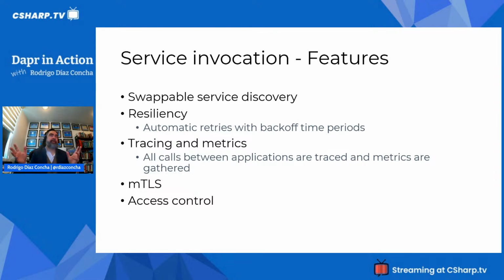You can configure your tracing target, meaning you can use Zipkin, you can use New Relic, you can use Jaeger, you can use whatever floats your boat, and all calls are traced, and also metrics are stored in that particular platform, which is fantastic because I believe that's one of the things that we software architects and developers forget most of the time.